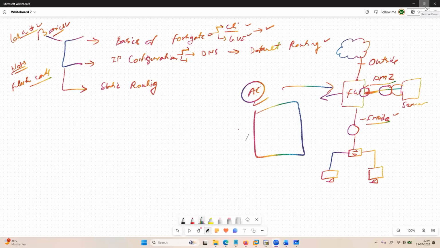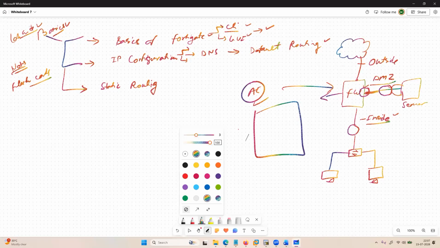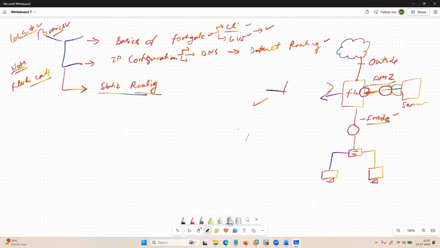Now, in static routing, most probably your firewall doesn't know about the network behind your router. Sorry, it is not in the picture, my bad. Let me remove it.